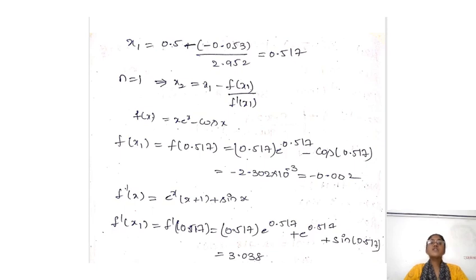n is equal to 1. x2 is equal to x1 minus f of x1 by f dash of x1. f of x is equal to x e power x minus cos x.